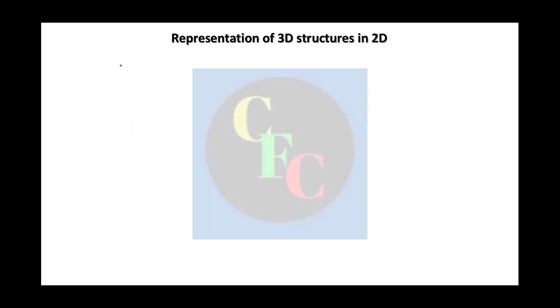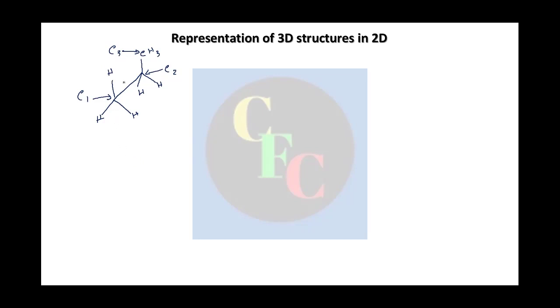Now if we take the example of propane, the same propane which we discussed in the previous slide, in sawhorse we will be drawing it like this. So H and CH3. Suppose this is C1, this is the second carbon C2, and this is C3.